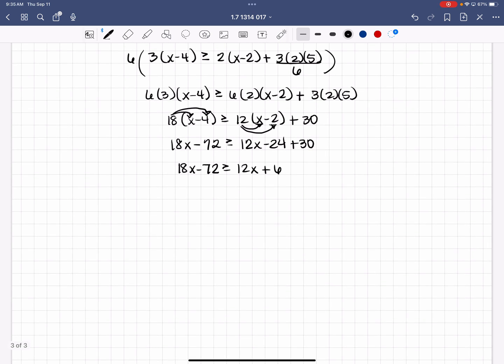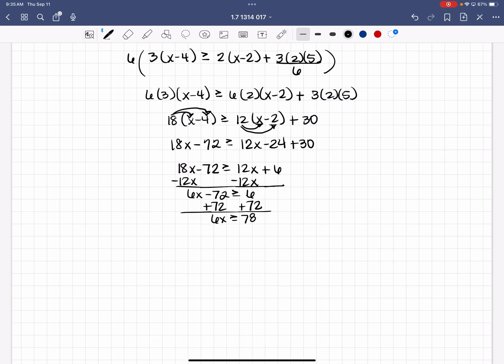Now I'm ready to start moving things from side to side. Subtract that 12x over. That's going to give me 6x minus 72 is greater than or equal to 6. Add the 72. 6x is greater than or equal to 78.